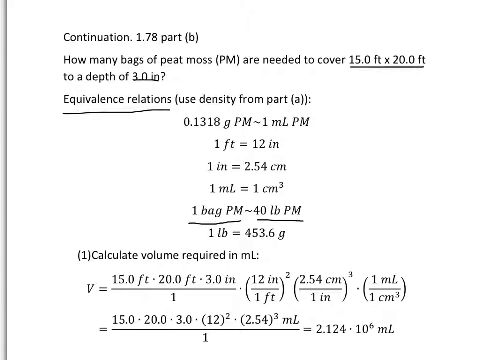That's something that was given and used in the last problem. Other things that I'm going to need: the density that I calculated from part A. Recall that was 0.1318 grams of peat moss equivalent to 1 milliliter of peat moss, because I found that the density was 0.1318 grams per milliliter.